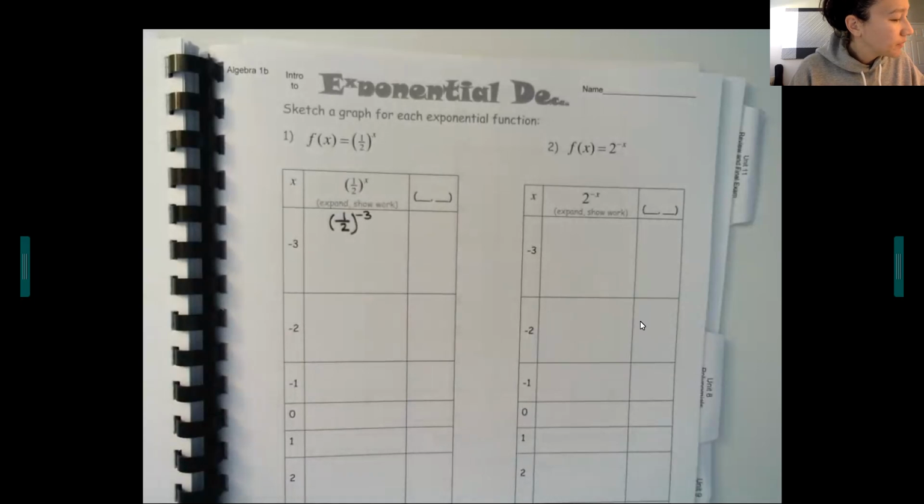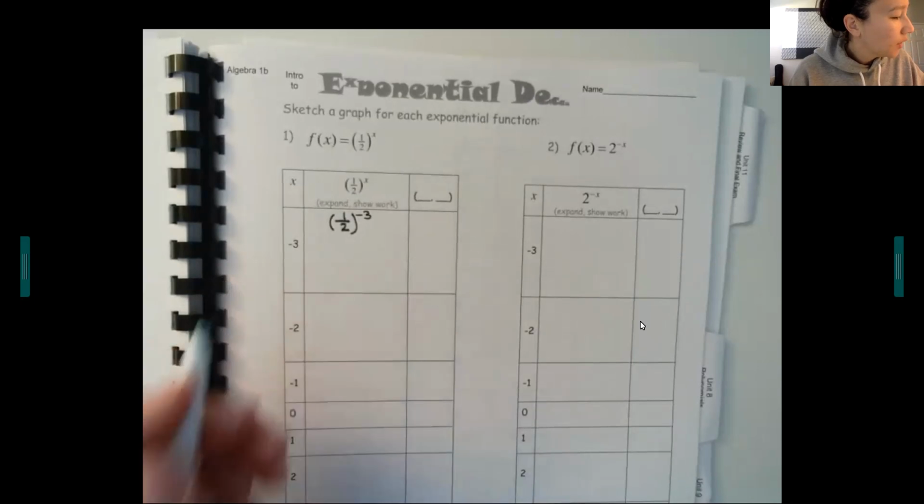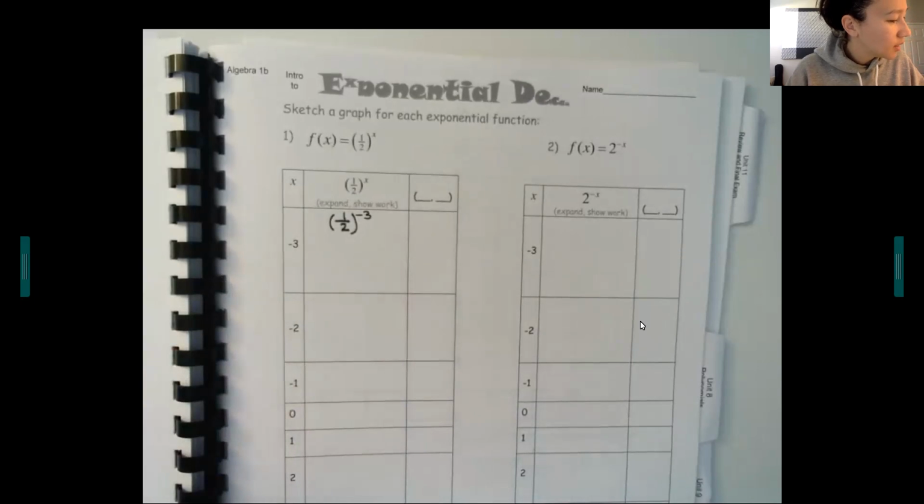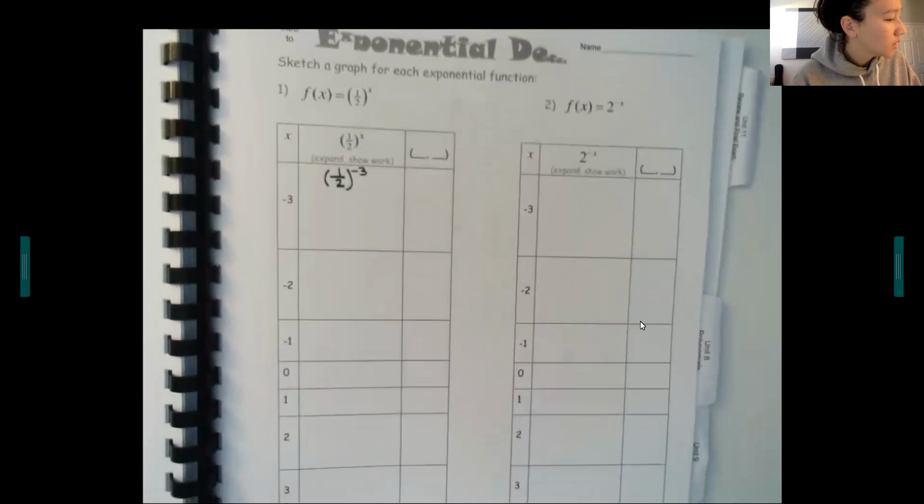Hmm. I don't know if I want to have you do this, because we're going to get really small decimals.